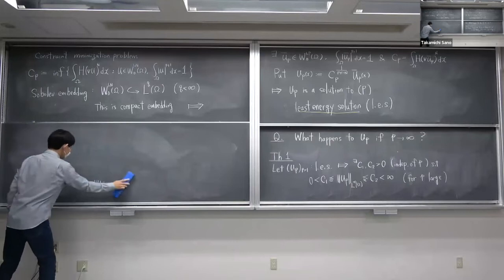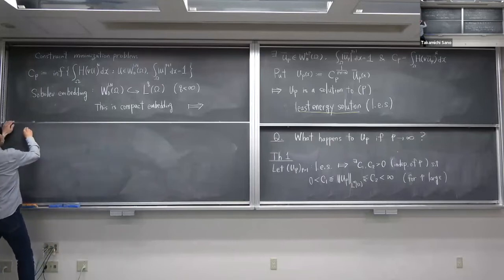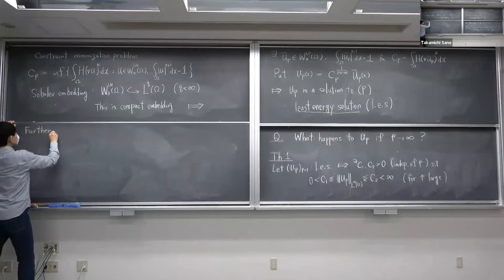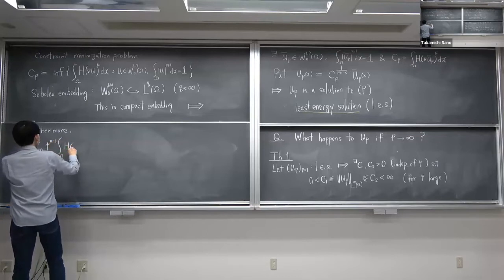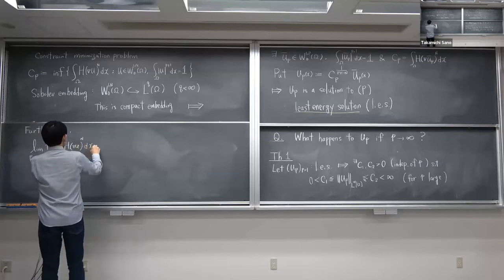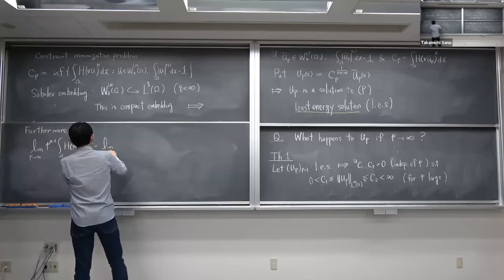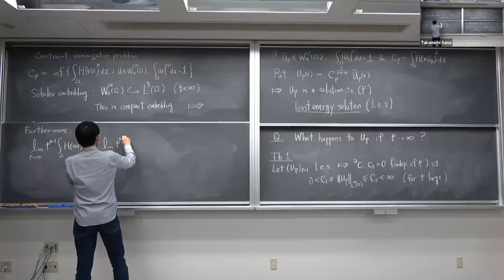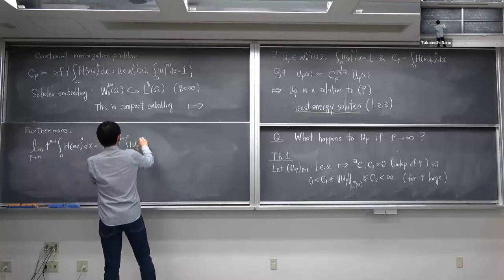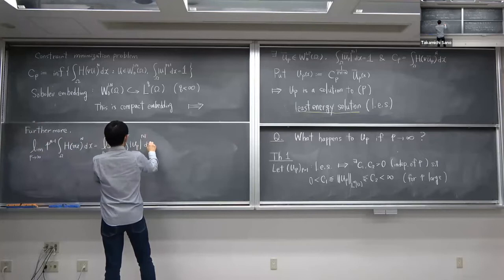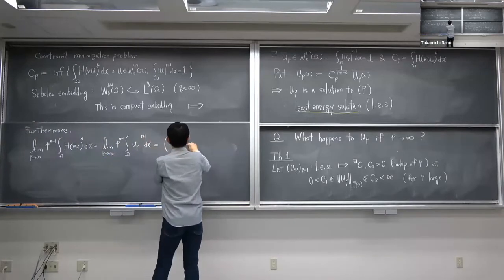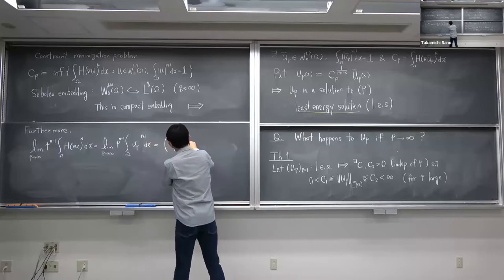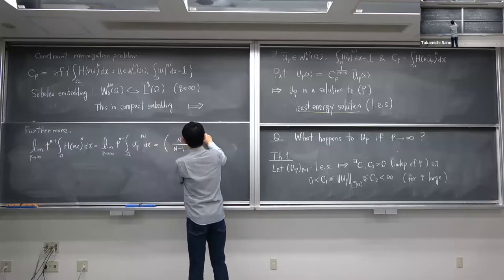Now, furthermore, we have several asymptotic formulas. For the limit P tends to infinity, P to the power n minus 1, integral over omega of H of grad u to the power n dx, this limit exists and coincides with P to the power n minus 1, integral over omega of UP to the power P plus 1. Yes, now UP is positive, so we don't need to take modulus. And this is equal to n over n minus 1, E beta n to the power n minus 1.